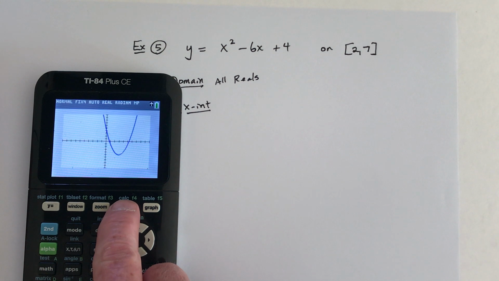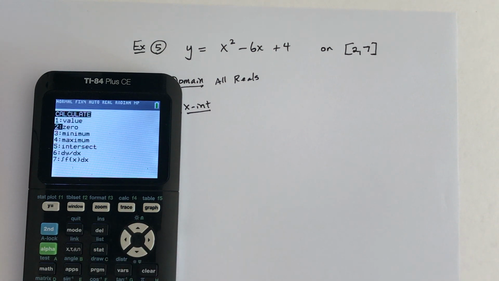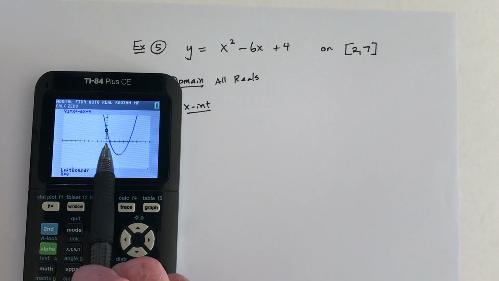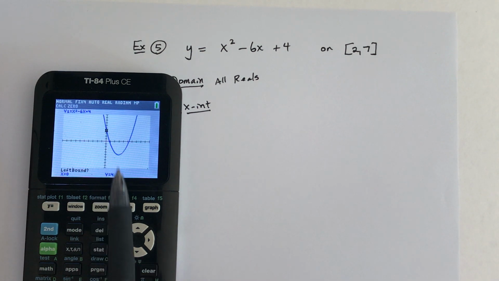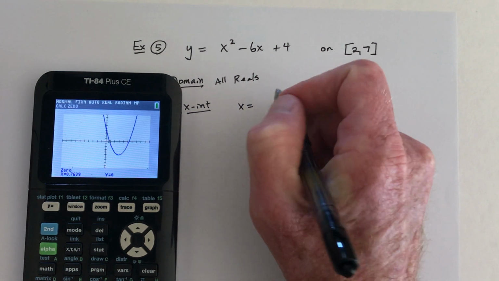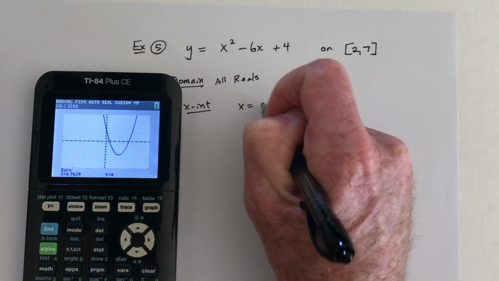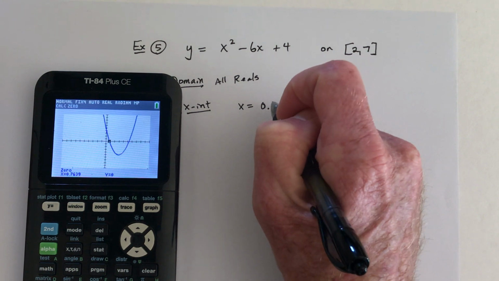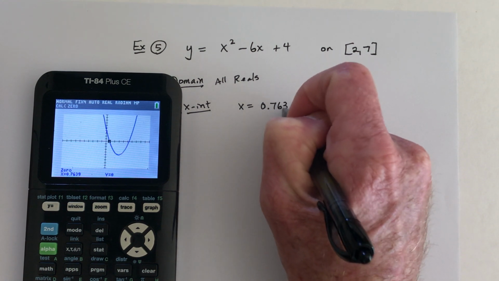So if I use second calculate and ask it where does it equal 0, because that's the x-intercept, this one is between 0 and 1. And my guess is it's like a 0.8 or so. So on the left, tell it start at 0, go to 1, and my guess is a 0.8. And it says that it's x equals, looks like right now my calculator is in 4 decimals, so I'll just go with that. X equals 0.7639.